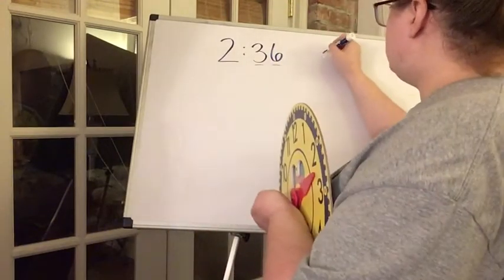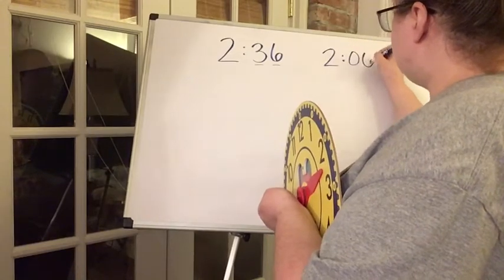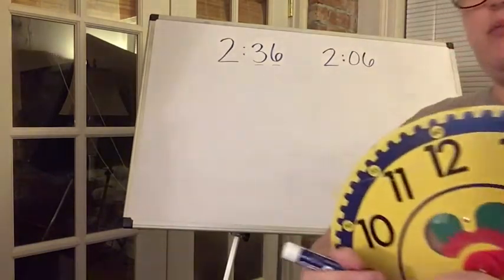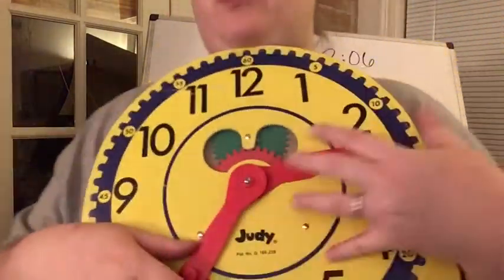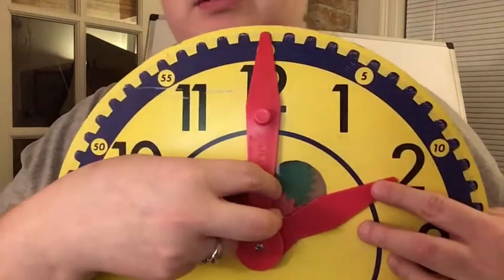Now, what if it's 2:06? Yes, that's a time, but not 2:6. Okay, so let me show you 2:06. So here's 2 o'clock. Bear with me.